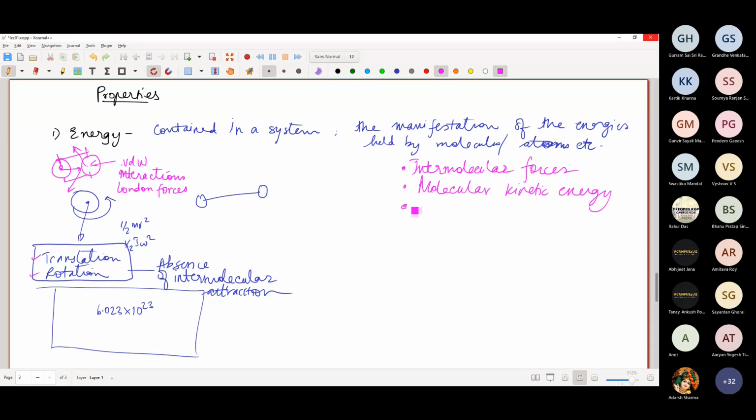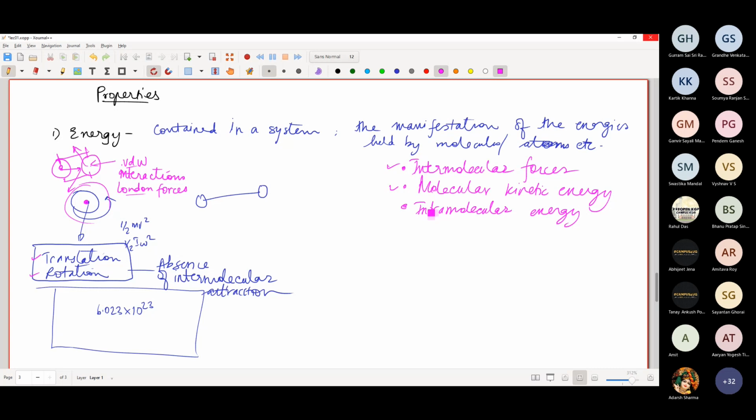Then we have intramolecular energy. So we've discussed the intermolecular forces, which is the van der Waal or the London forces. The molecular kinetic energy, the entire molecule is moving with certain velocity.